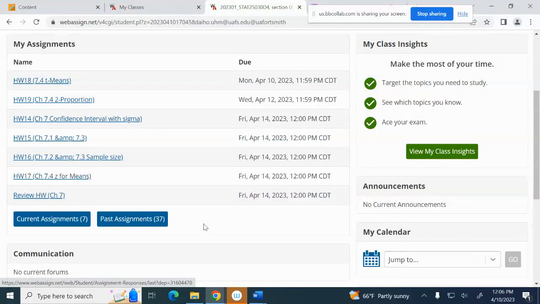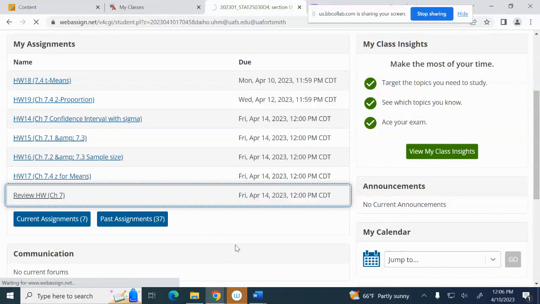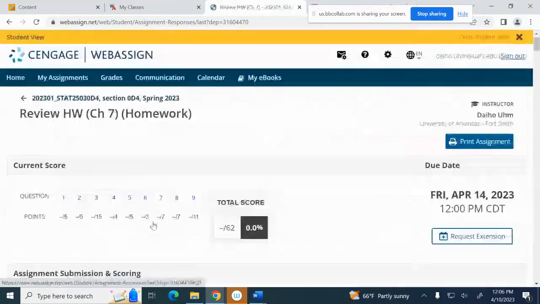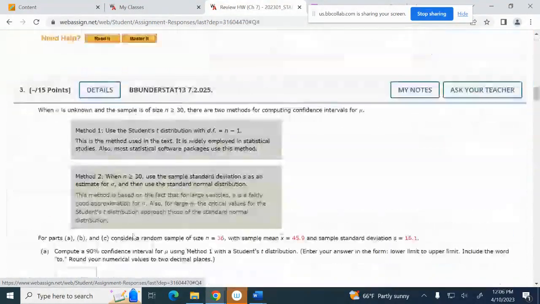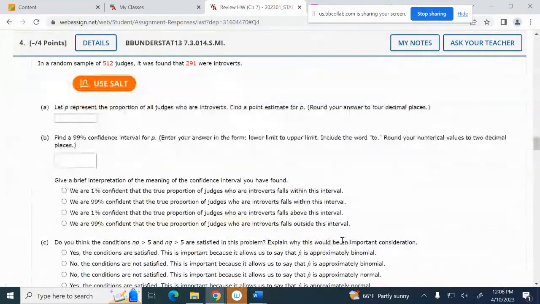So when I go to the review homeworks, it has 9 questions. Let me select number 4 randomly. Can you see the mean? Can you see the sigma?